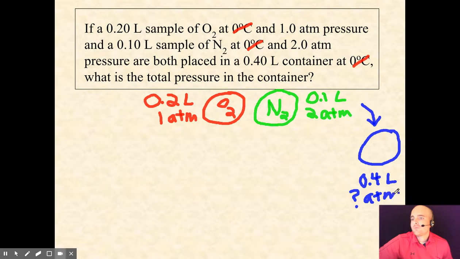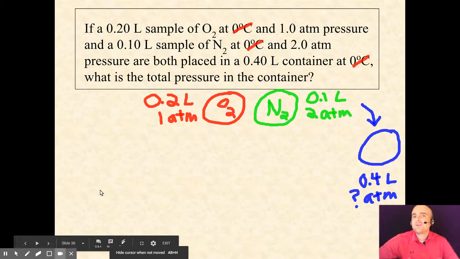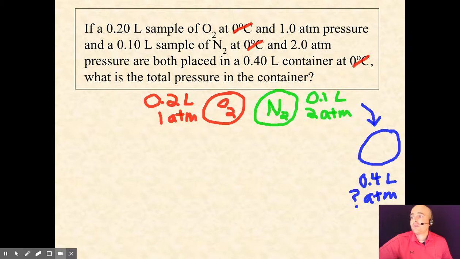What I suggest you do is, now that you see this, we're going to involve a different gas law to help us along. We're going to involve Boyle's law, because we have volume and pressure, so we have PV. That's Boyle's law. So we'll use Boyle's law as our equation, and we'll look at oxygen first.